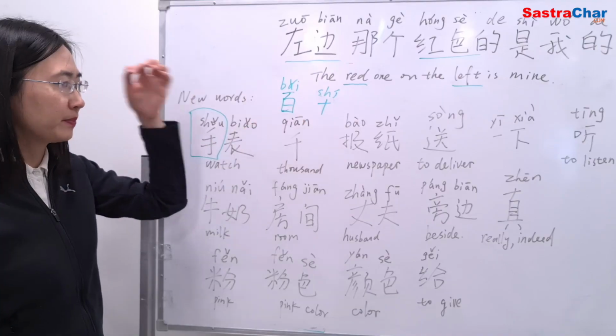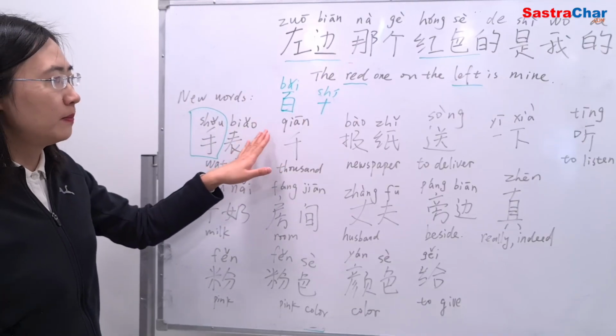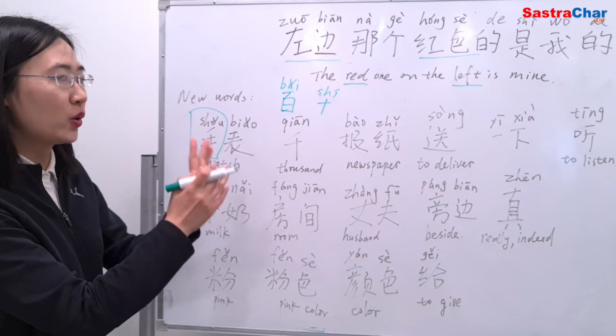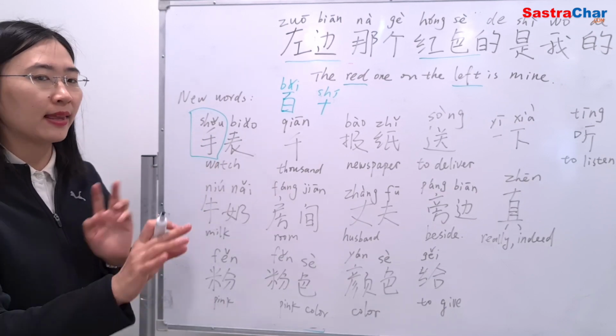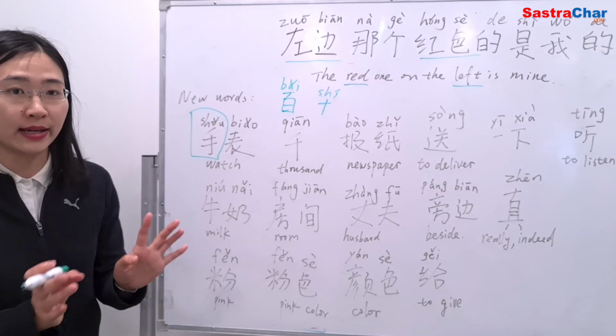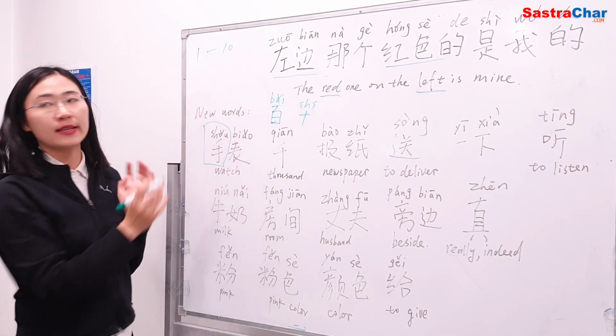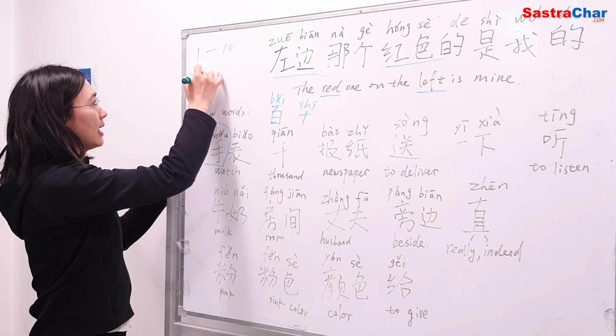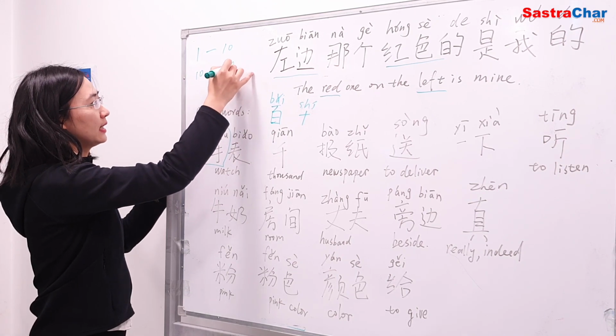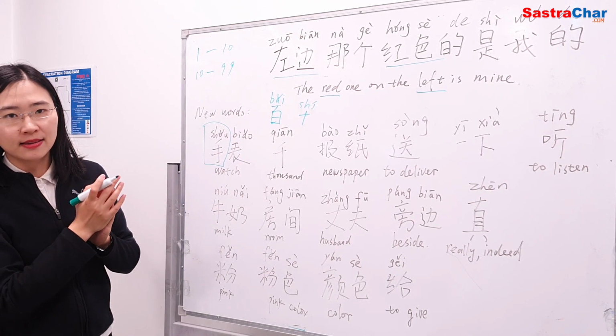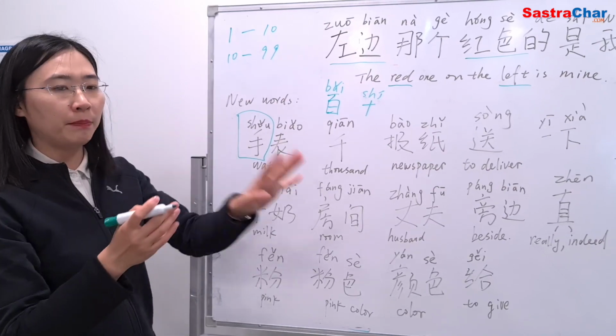So from 1 to 1,000, we can count. From 1 to 10, you already know, right? And from 10 to 99, you already know this, right? And what about the numbers above 100?